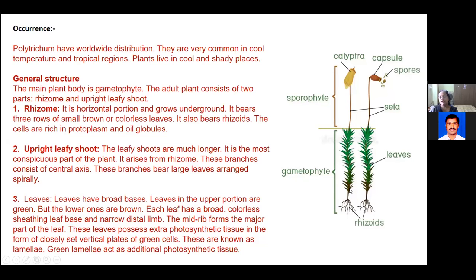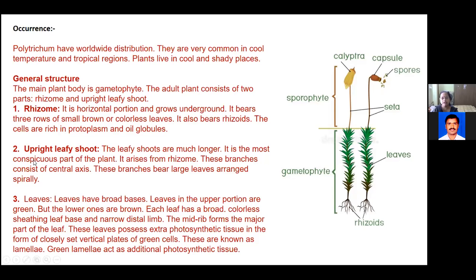Okay, right. From that we can see some small colorless leaves emerging, and it also bears some small root-like structures, which we call rhizoids. And these rhizoids or this rhizome help in the conduction of water and minerals for the upright shoot.